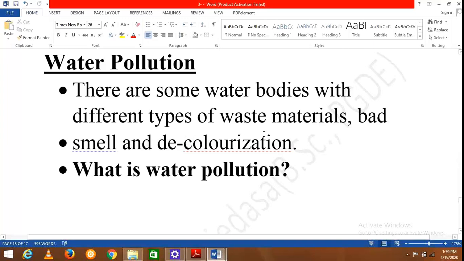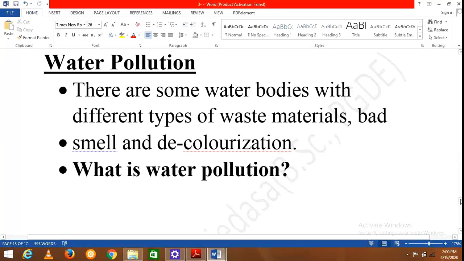So we should know what water pollution is. Actually, water pollution is the addition of waste materials to water till it becomes unsuitable for consumption.